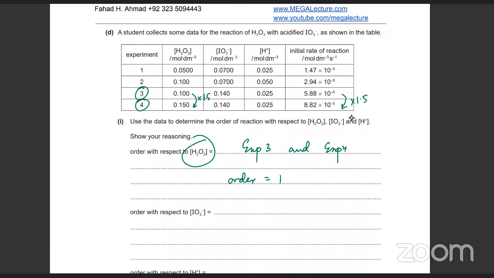और इससे अगला जो part है ना वो ये कि IO3 minus 1. Which experiments would you compare for IO3 minus 1? Remember, pick those experiments where you keep everything else constant.